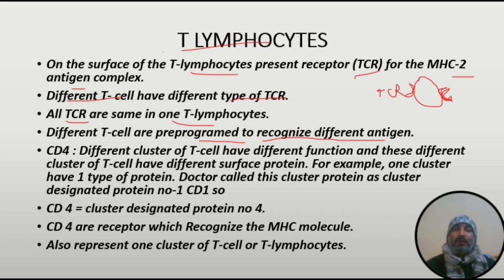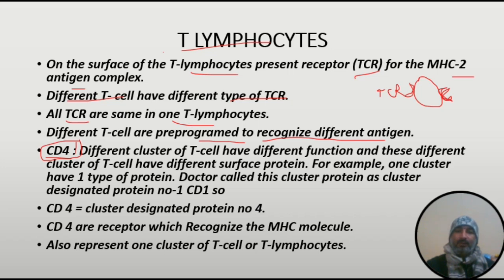So another receptor present on the surface of T helper cells is the CD4 receptor. What may it mean by CD4? Actually, when scientists were recognizing clusters of cells, they saw that a specific cluster of cells had the same protein present.